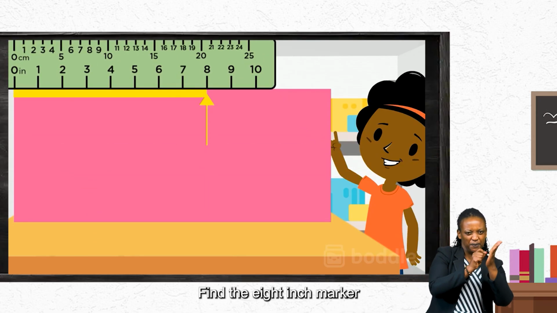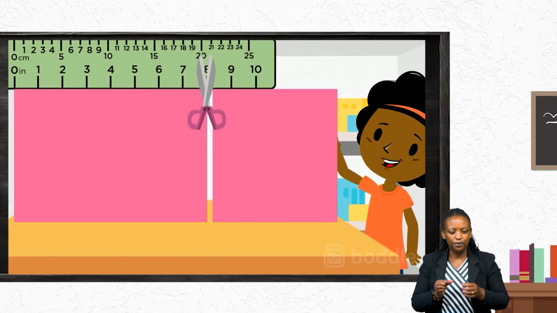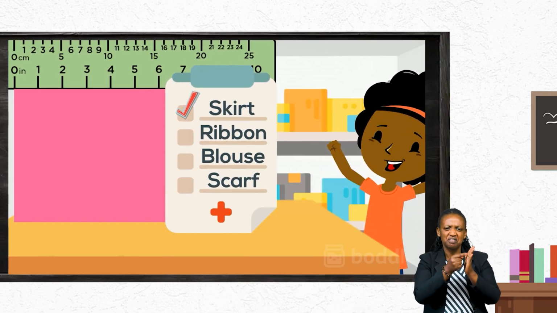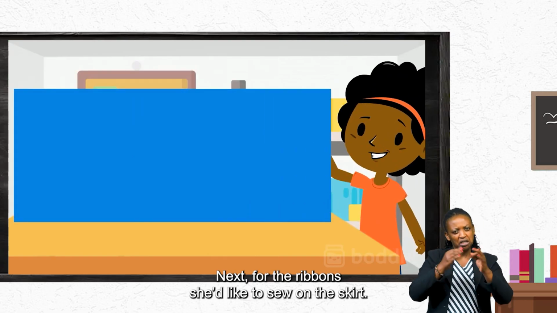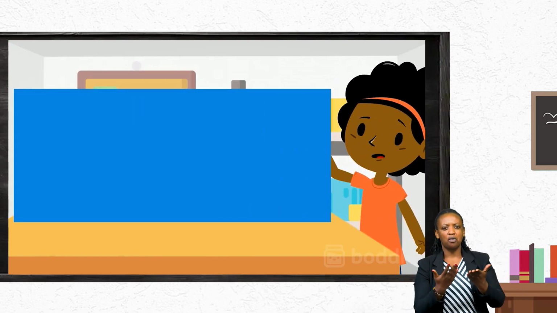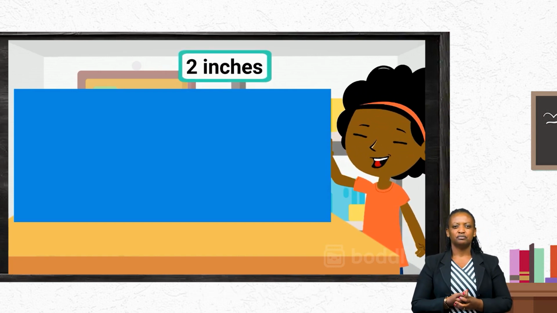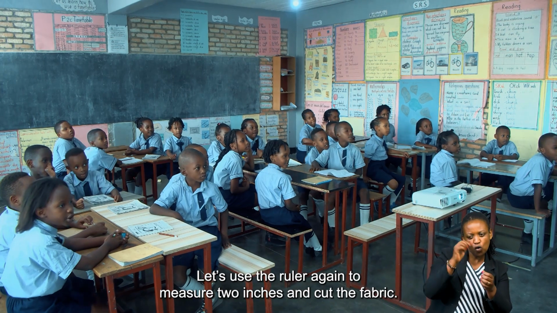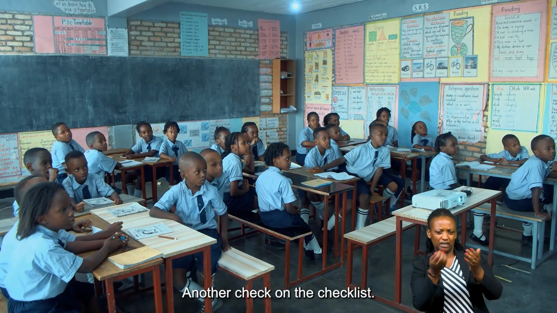Find the 8-inch marker and cut the piece. That's a check on Nora's checklist. Next, for the ribbons she'd like to sew on the skirt, we need 2 inches of fabric. Let's use the ruler again to measure 2 inches and cut the fabric. Another check on our checklist.